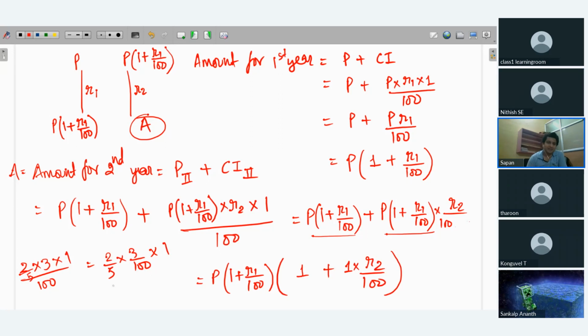If you are feeling confused, see it this way. This is 2 by 5, 3 by 1, 1 by 1, and 100 by 1. Multiply the numerators, divide the numerator we get with the denominator, and then reciprocal it.